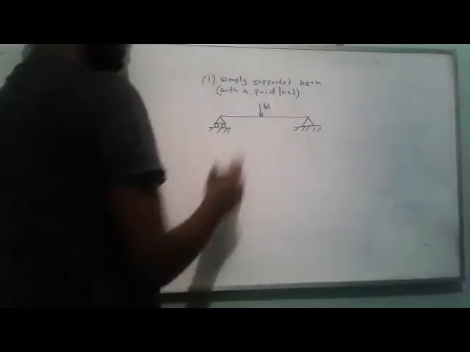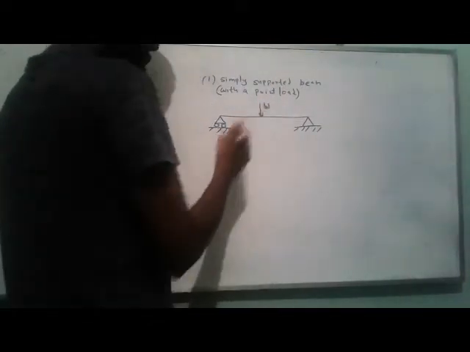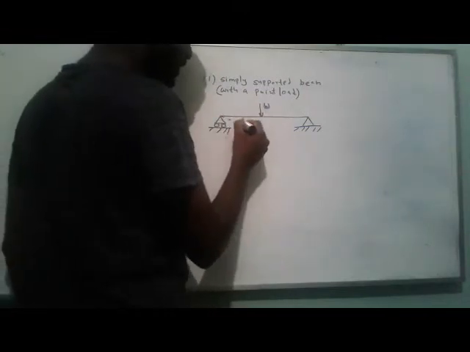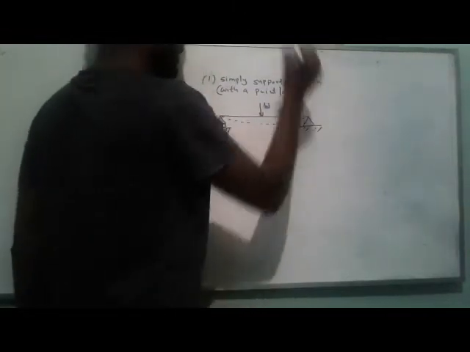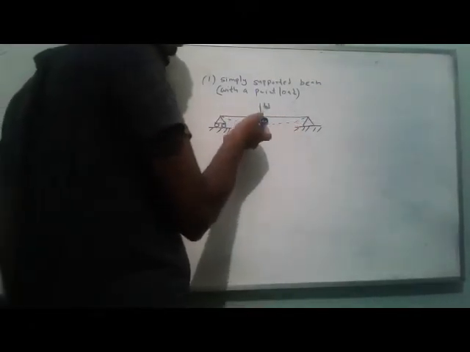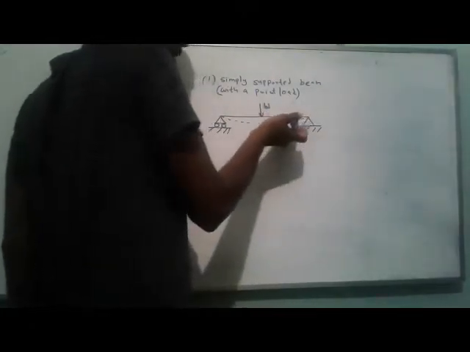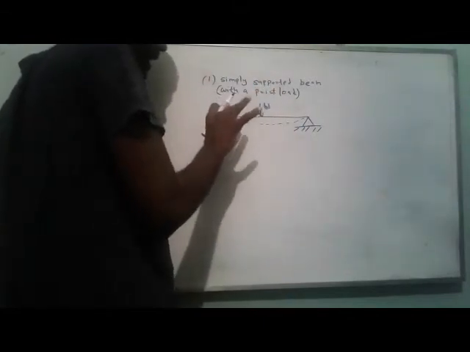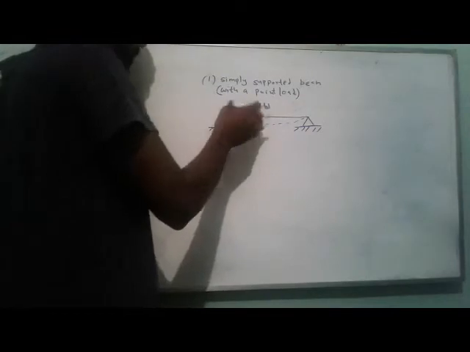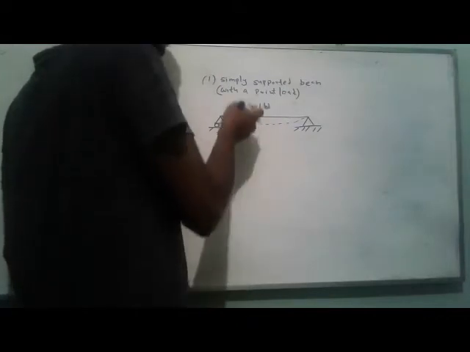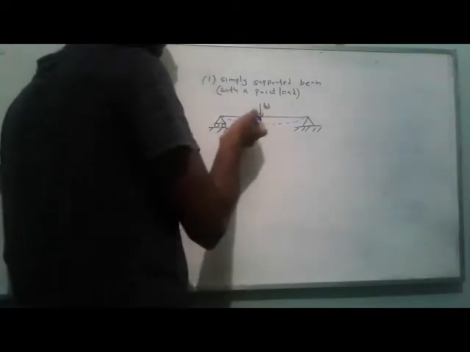So let's consider W. Due to this load W, this beam tends to bend like this. Due to this bending with the applied load, within the beam it creates shear force and bending moment in the middle of the beam.